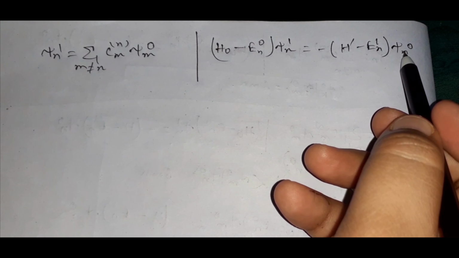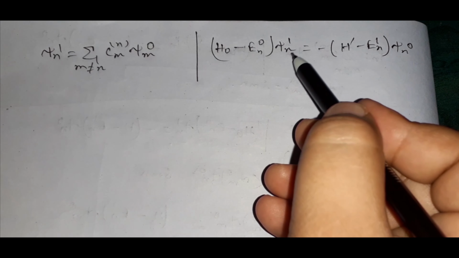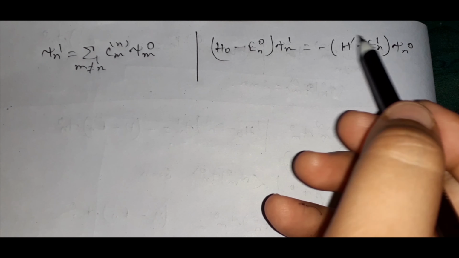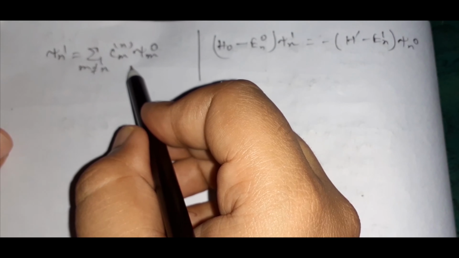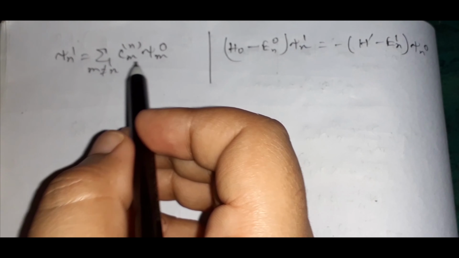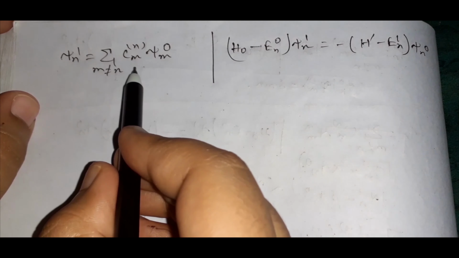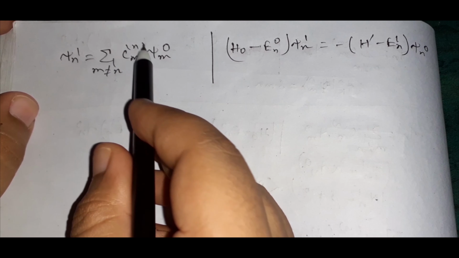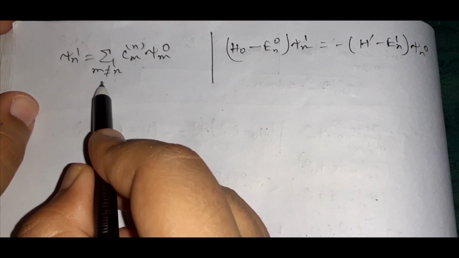Now ψn0 consists of a complete set of wave functions. As ψn1 is proportional to ψn0, I can write any other function ψn1 in terms of that complete set of wave functions. So now I have to find this coefficient.